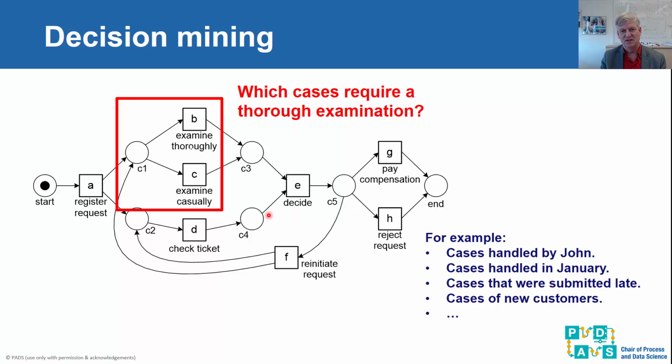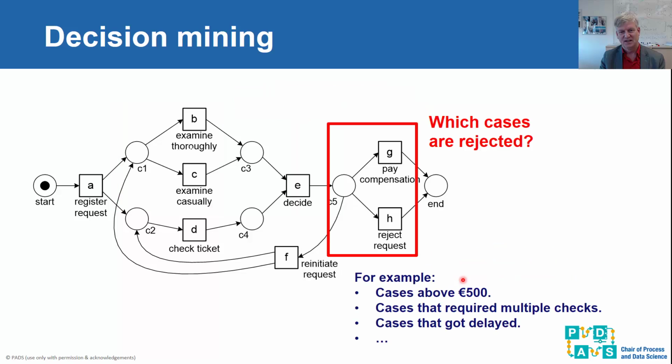So for example, which cases require a thorough examination, in other words, that execute B rather than C, then there could be answers like the ones that you see on this slide. So you can identify that it was typically done by a particular person, or it was typically done by cases that were late, etc. And we can do that for every decision point.